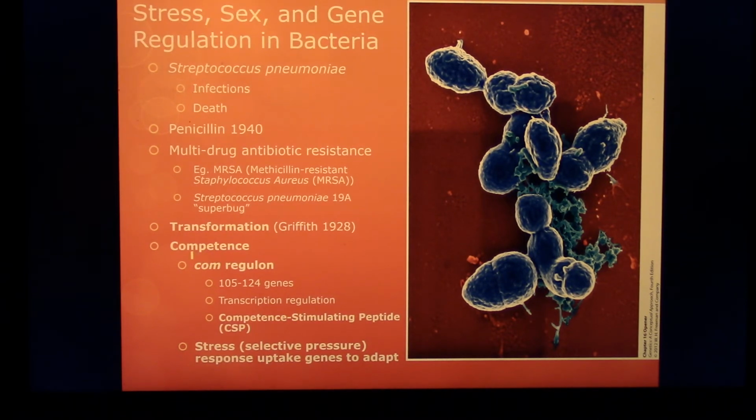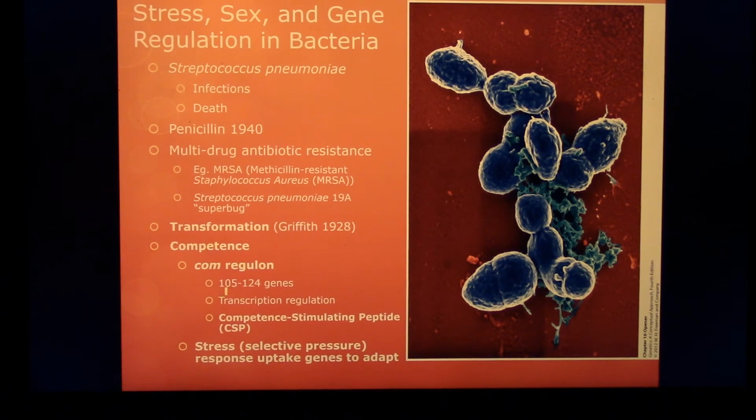But in order to take up this DNA, you have to be what is called competent or have competence. And in order to be competent to transform or uptake DNA into your cells, you have to have a set of genes called the COM regulon. The COM regulon comes from competence.